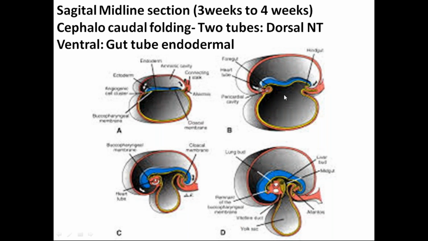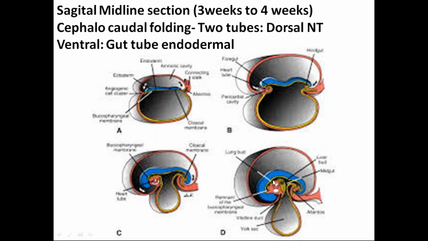This yolk sac is now narrowing. When the baby, or we say the fetus, is forming, the C is curving, and the endodermal cavity, the yolk sac, is now getting incorporated into the embryo.